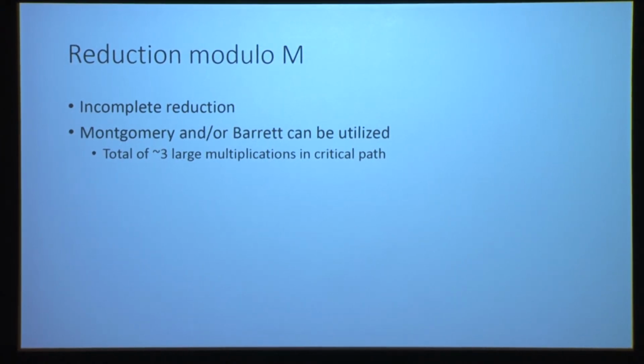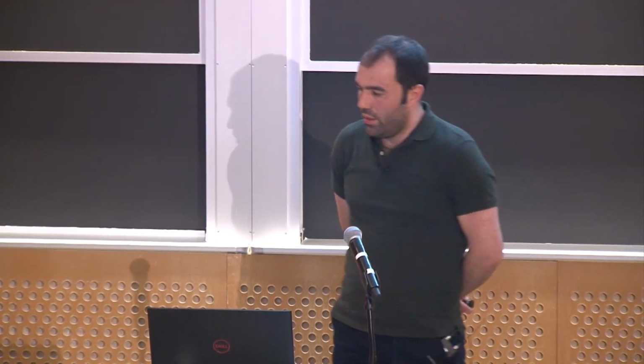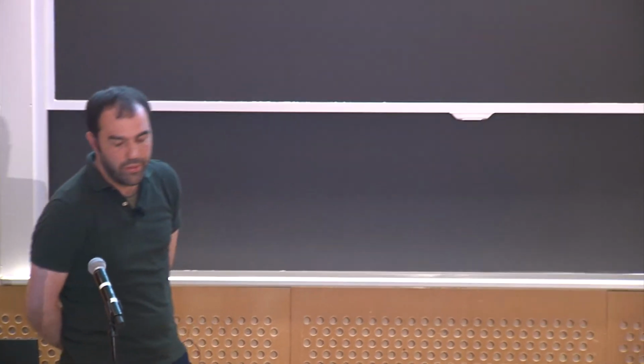Montgomery or Barrett can be utilized, but there is a total of almost 3 large multiplications in the critical path. So I decided to use a different approach that drops the number of operations in the critical path.